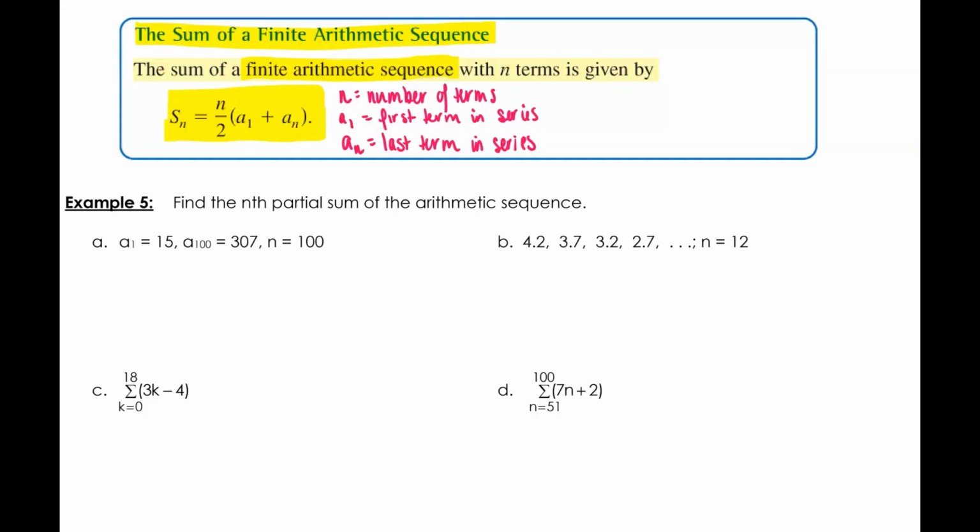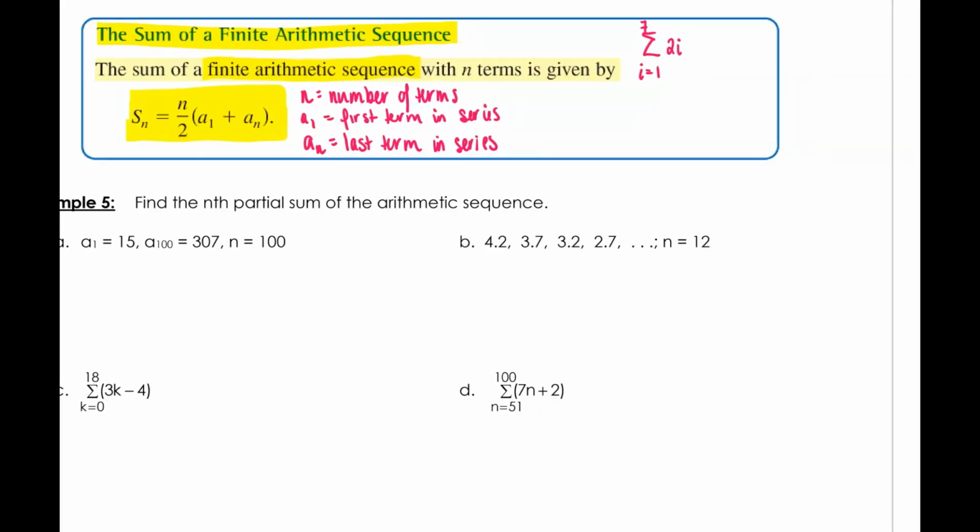Now here you have to be careful about what you use for the n value, and here's why. If we're given a sum and we start with 1 and go to 7, with whatever the formula is, like 2i, to find the number of terms n you do the max minus the min, plus 1.